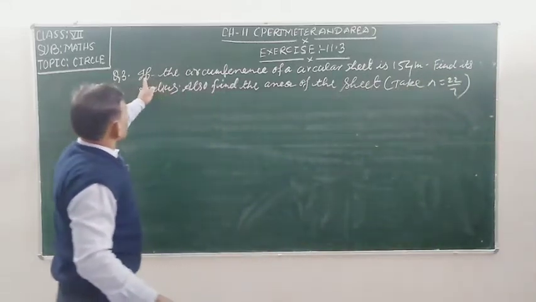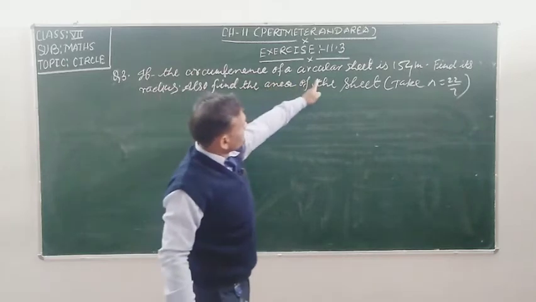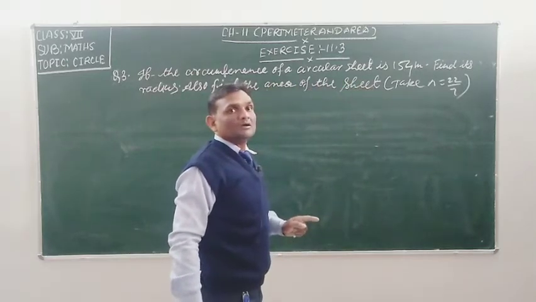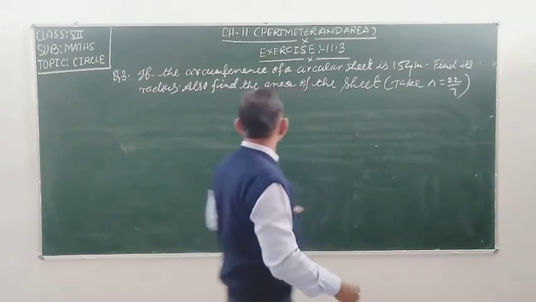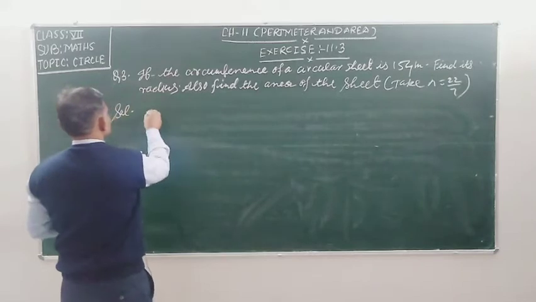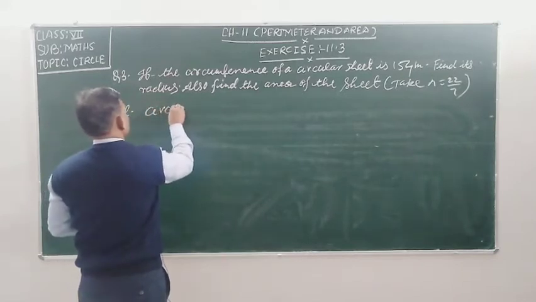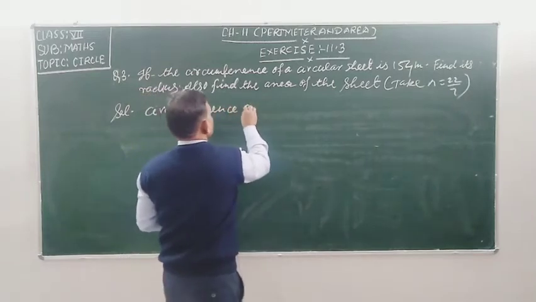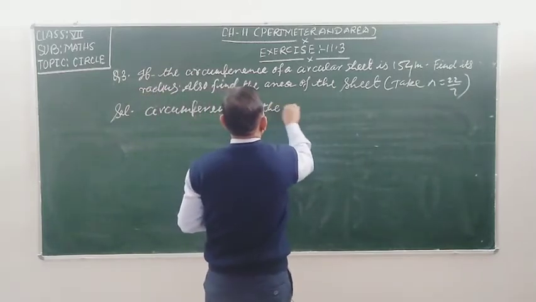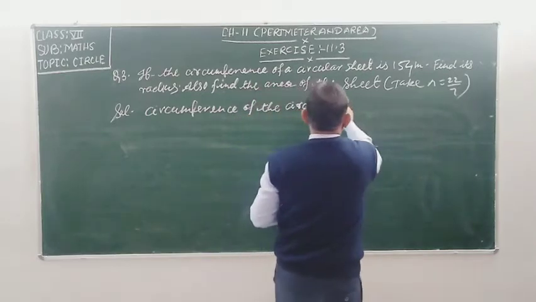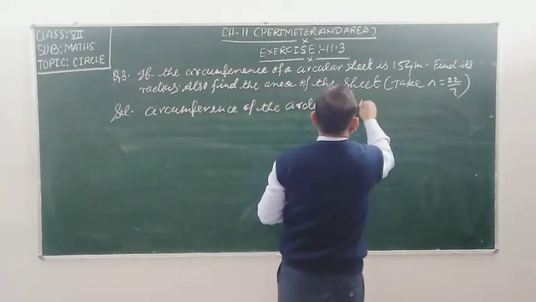The question is saying, if the circumference of a circular sheet is 154 meter, which information is given? Firstly, note it down. Circumference of the circle is equal to 154 meter.